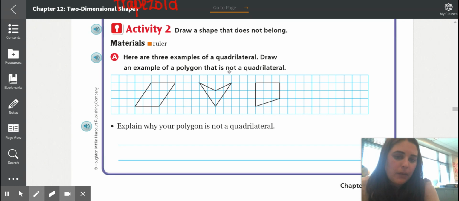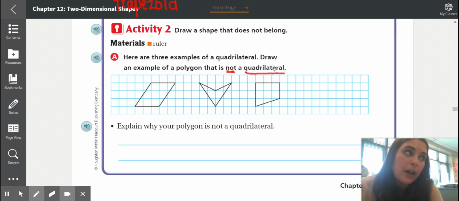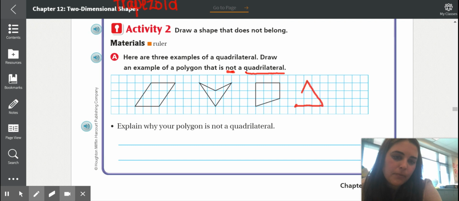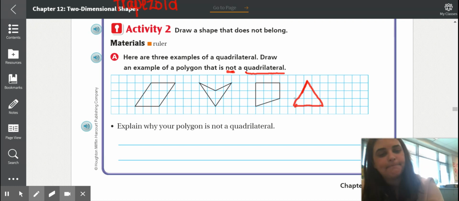How would we draw a shape that is not a quadrilateral? Well, if a quadrilateral has 4 sides, we would have to draw a shape that does not have 4 sides. So here are some examples. That is not a quadrilateral because it has 3 sides.